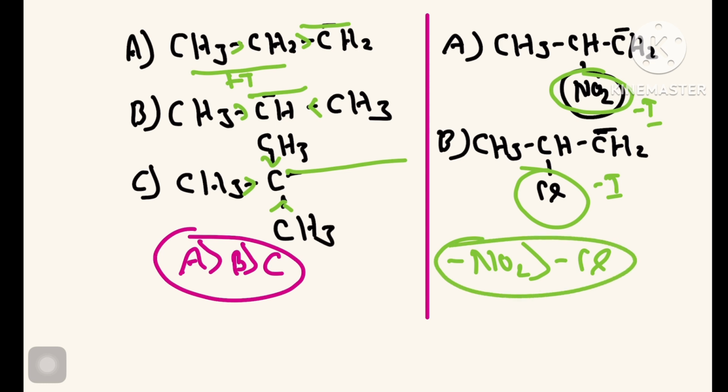So here which can withdraw more electron? More electron here by NO2. So NO2 decreases more negative charge. Here decreases but not like A. So which one is most stable? Here you can say A is more stable than B.